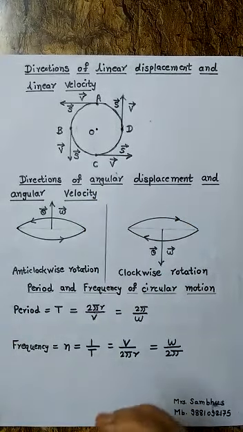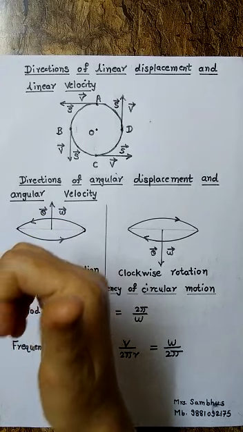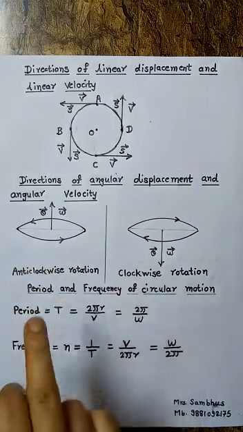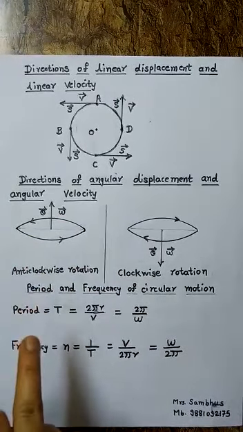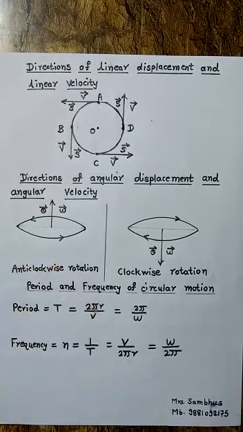Now for the first figure, the rotation is anticlockwise. Therefore the curled fingers are in anticlockwise direction and the outstretched thumb is acting vertically upward. Therefore the direction of theta and omega for the first case is along the axis of rotation, acting vertically upward. Now in the second case, the direction of rotation is clockwise.